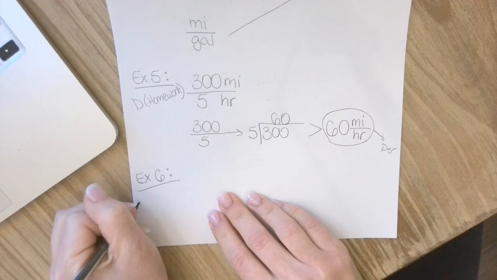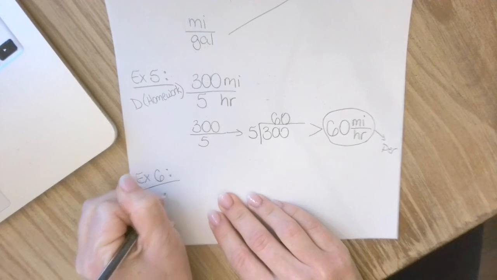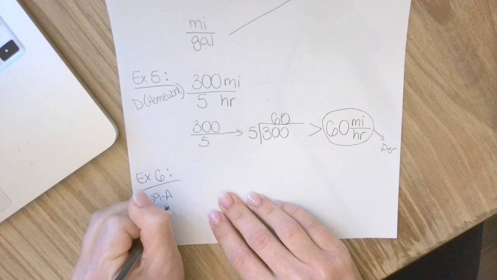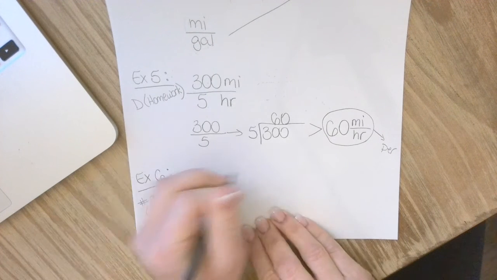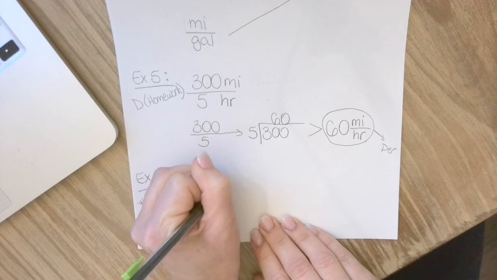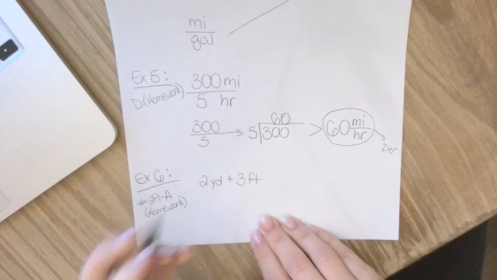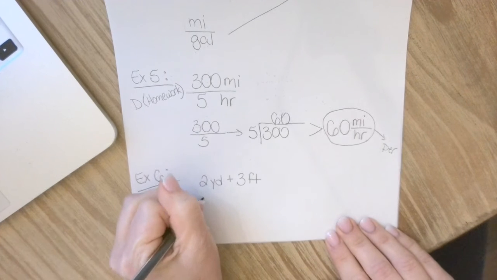So this is going to be number 29, letter A on your homework. Okay, so I have 2 yards plus 3 feet. And it tells me to write the answer in yards.